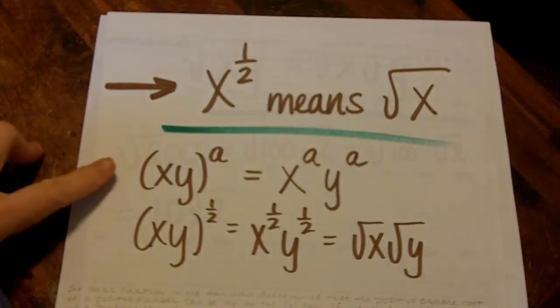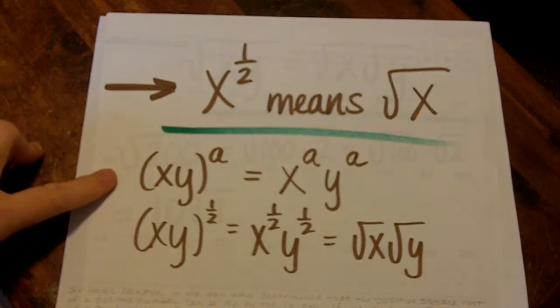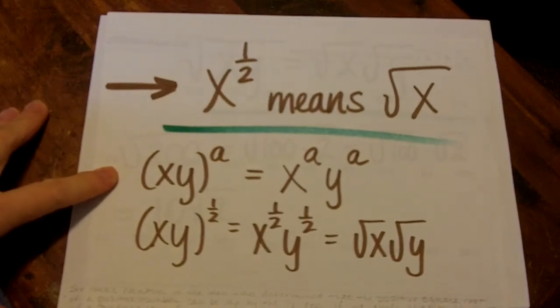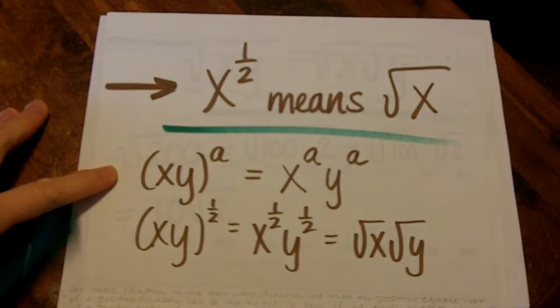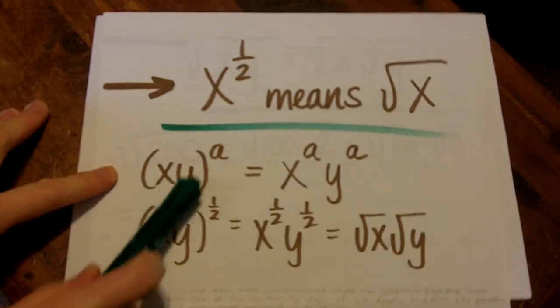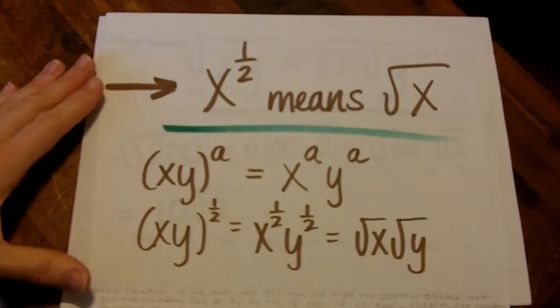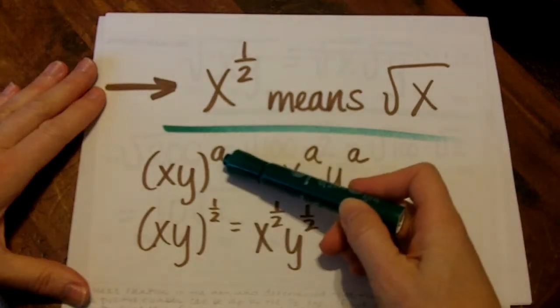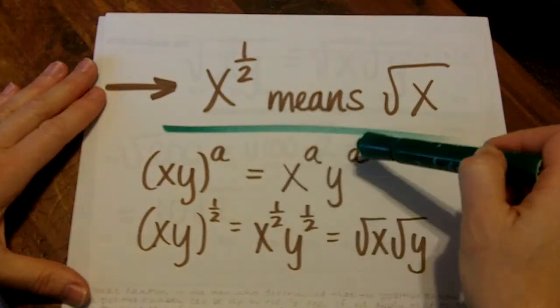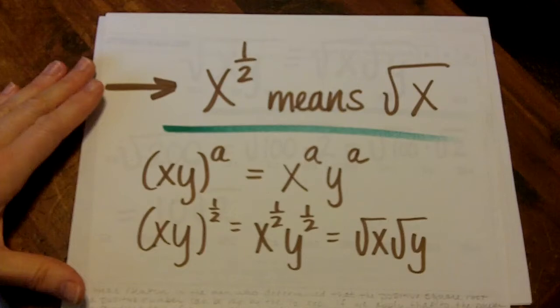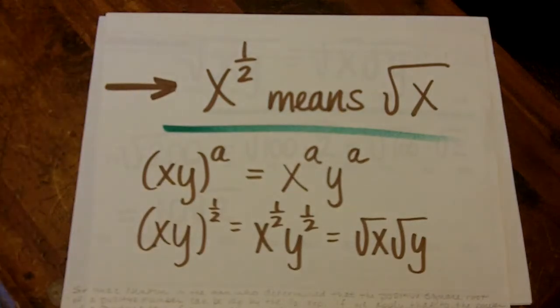Now, in chapter 8, you learned the law of the power of a product when we dealt with exponents. And that law simply said that if we had something in a group of parentheses raised to an exponent, then the exponent related to both of those factors within the parentheses.